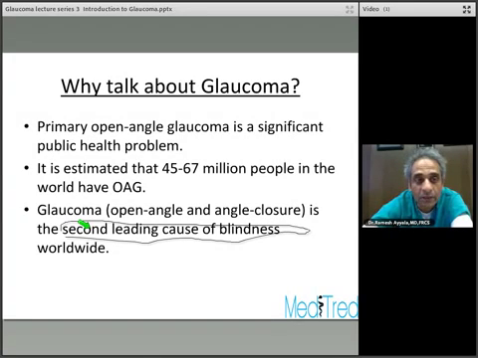So a lot of work needs to be done, especially young residents who are listening to this talk. Please concentrate on finding. We don't have an easy technique at this point in time that you can take into the field, i.e. into the rural areas of the world, and make a diagnosis of glaucoma.